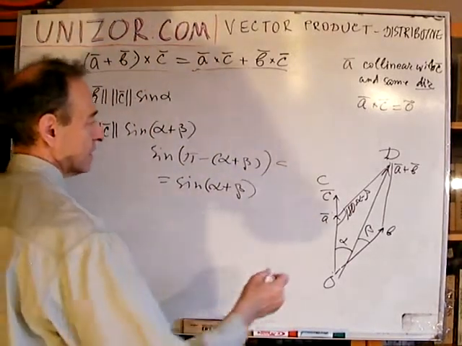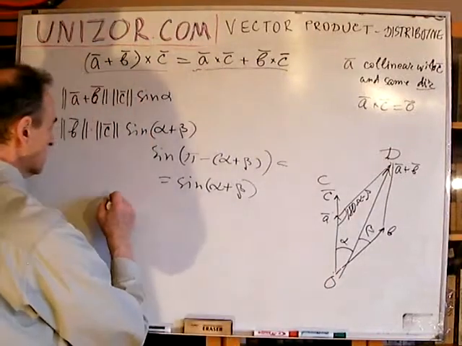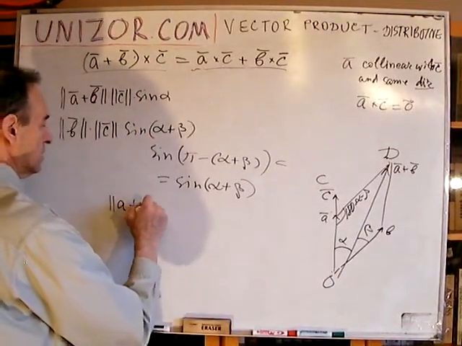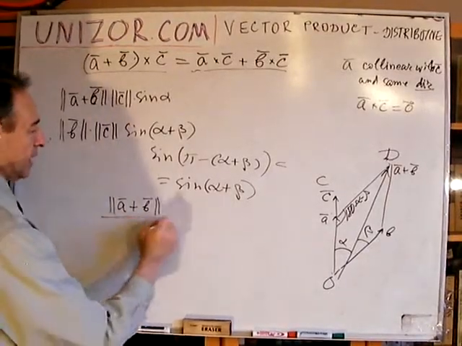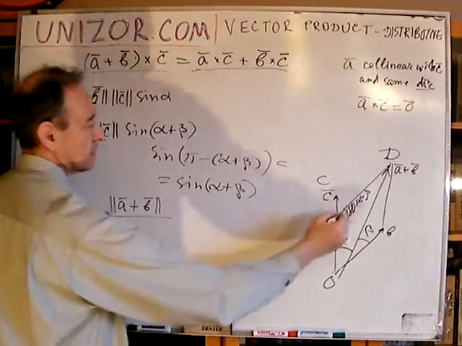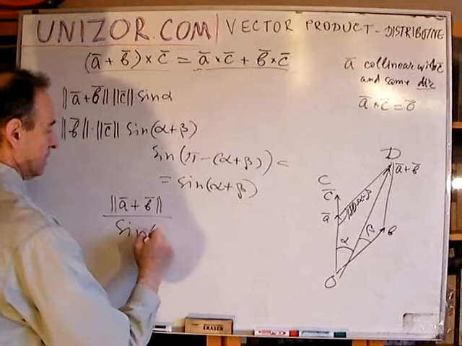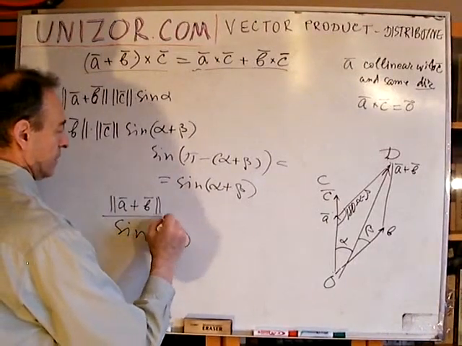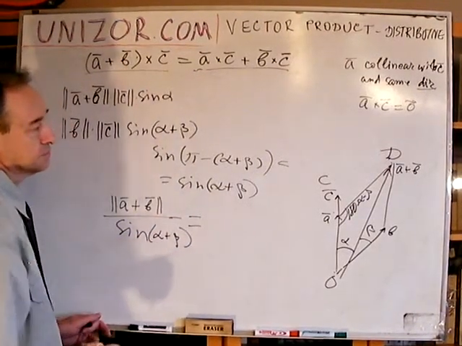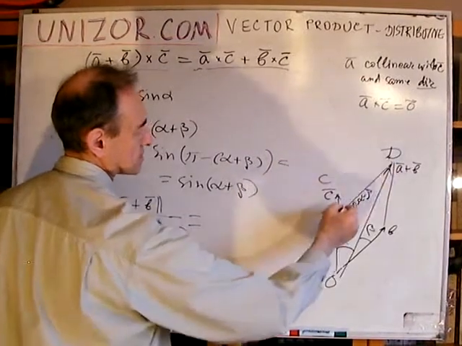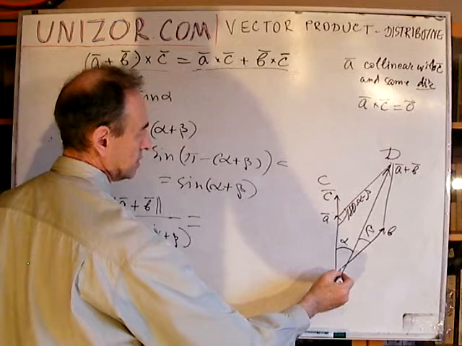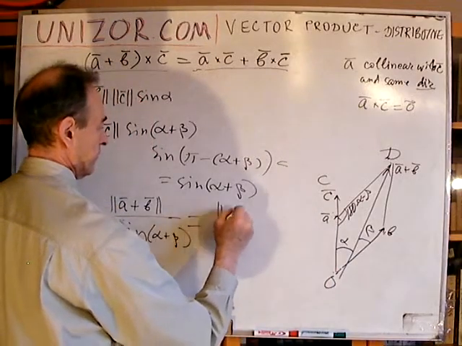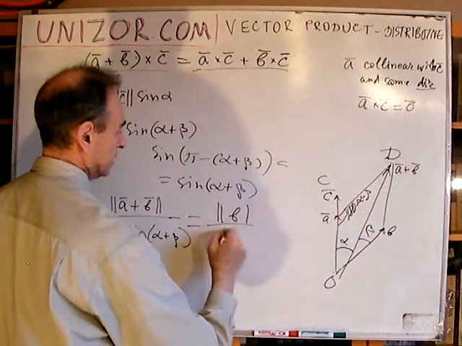Which means that length of this side, which is A plus B, length of the A plus B, divided by sine of this angle, which is the same as sine of alpha plus beta, equals this side, which is the same as this, it's length of the B, it's a parallelogram, divided by sine of alpha.